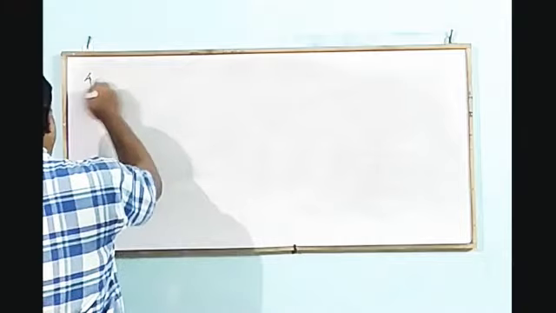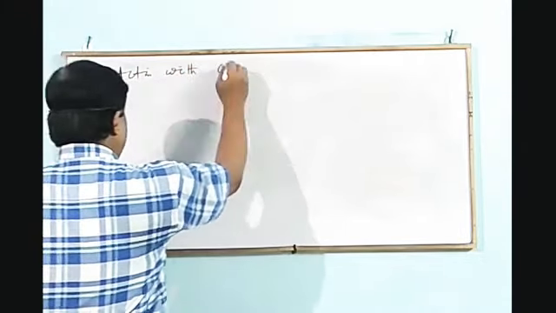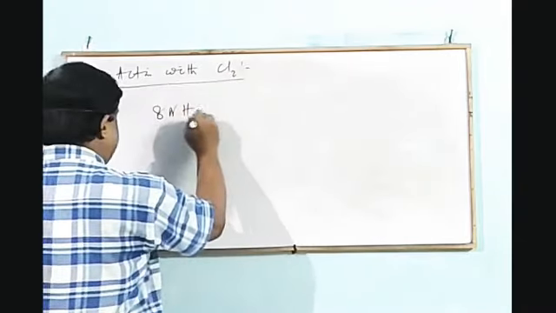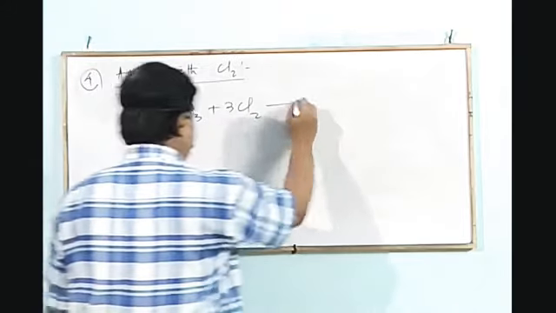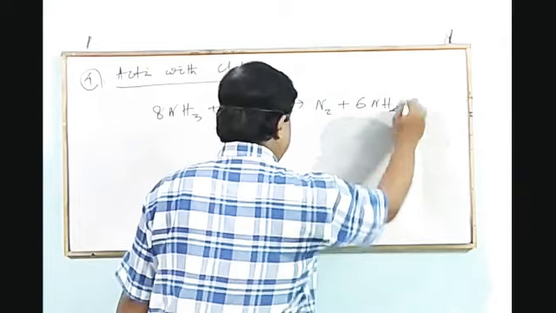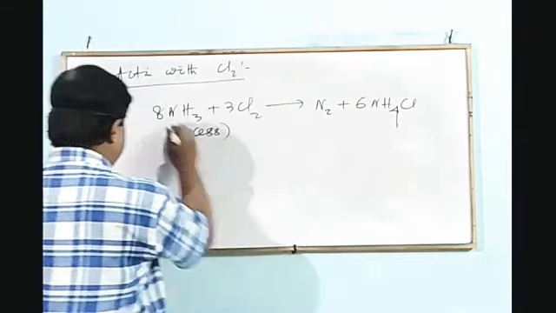Next chemical property, action with chlorine. 8 NH3 plus 3 Cl2 give rise to N2 plus 6 NH4Cl. Here ammonia is known as excess.